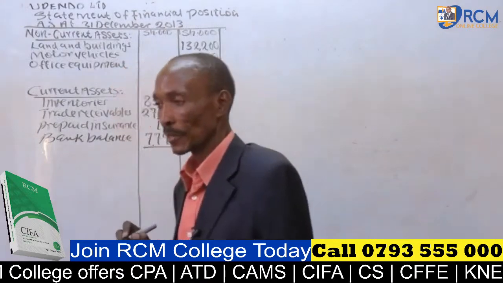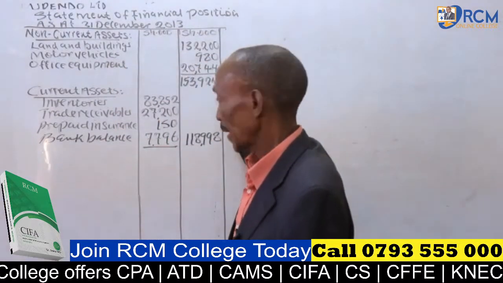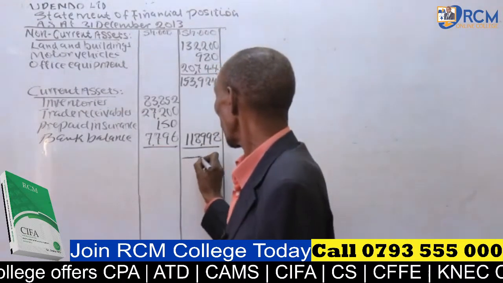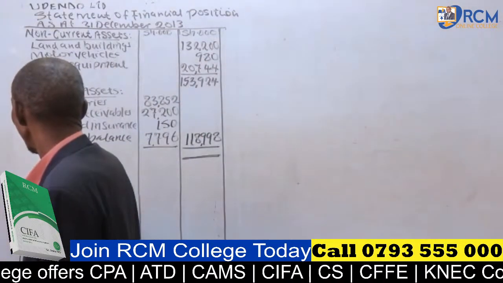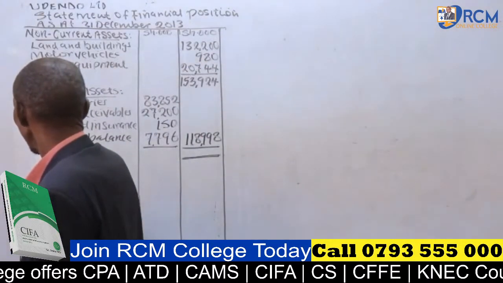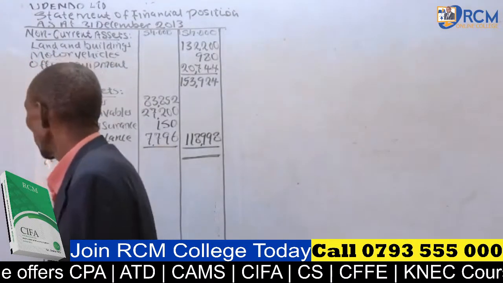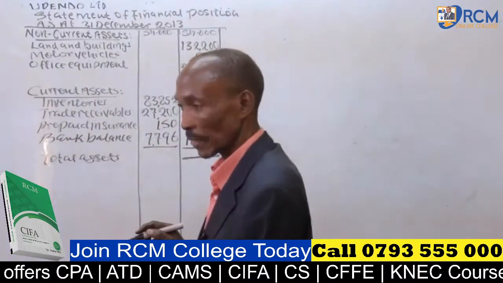Yes, those are the steps. First, get the sum of the non-current, come to the current assets, then come to the full assets, total assets. You even put a label here, total assets. So putting titles and labels is very important in this kind of a question.